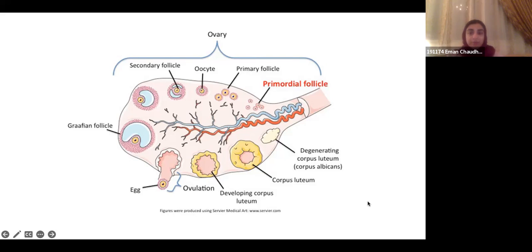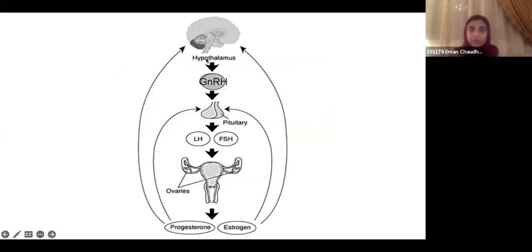Correct, except not the hypothalamus. Remember, hypothalamus releases GnRH, not FSH and LH. FSH and LH are released by the pituitary. So the GnRH is going from the hypothalamus, like we showed over here. So the hypothalamus is releasing the GnRH, which is going to the pituitary, which is releasing LH and FSH. The estrogen is going back to the pituitary.